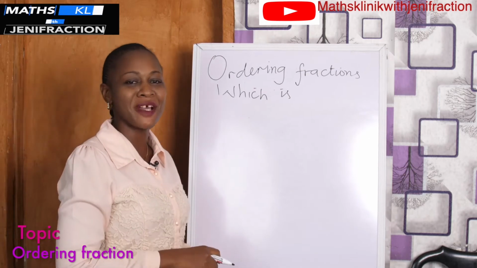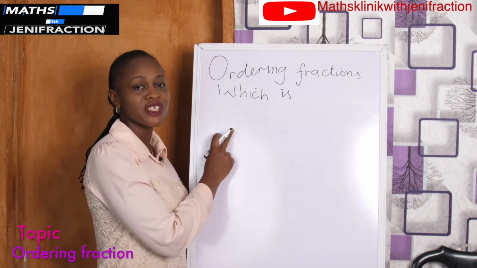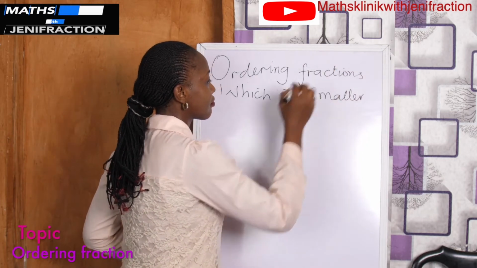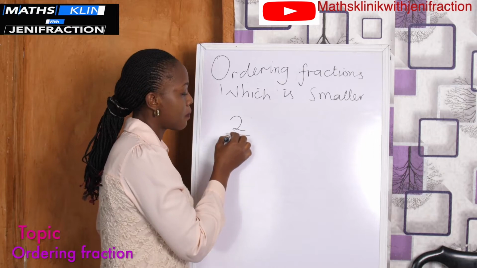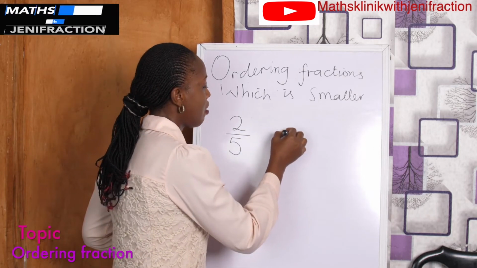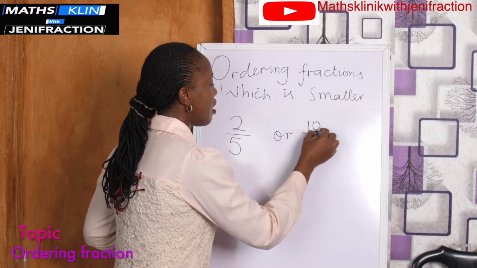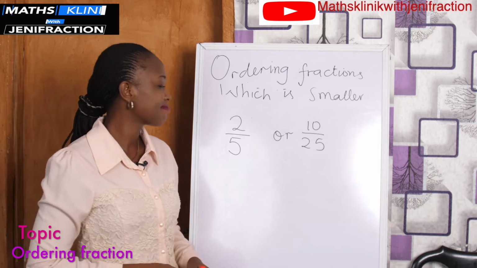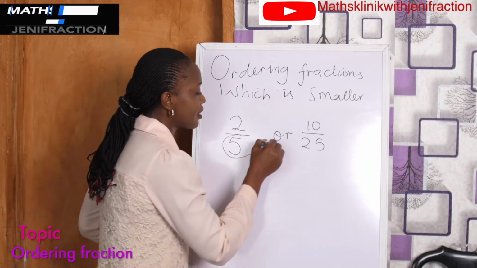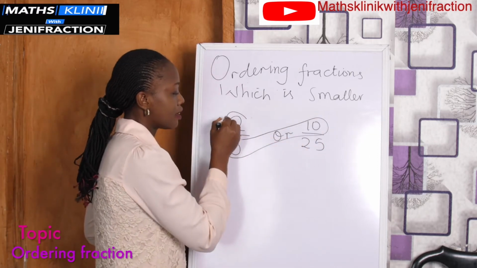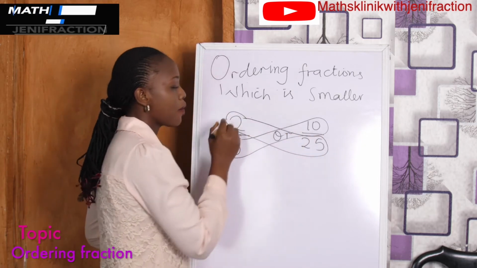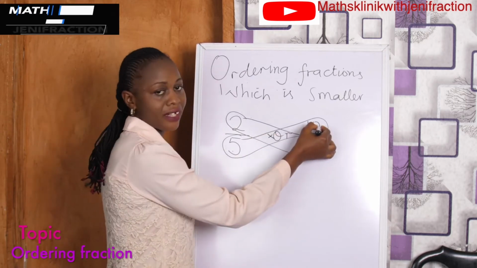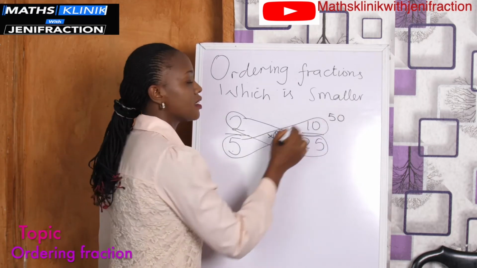I'll take one more example, and this time around it is going to be which is smaller. I have 2 over 5 or 10 over 25. Which is smaller? Our butterfly method, and remember we are multiplying. So I have 5 times 10, and that is 50.